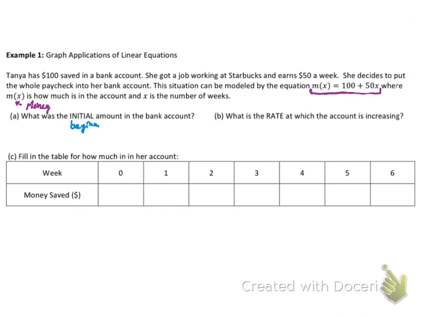So the beginning amount is $100 because that's how much she has saved so far before she starts working at Starbucks. The rate at which the account is increasing, remember, that is the slope. So the rate is $50 per week, or $50 in 1 week.